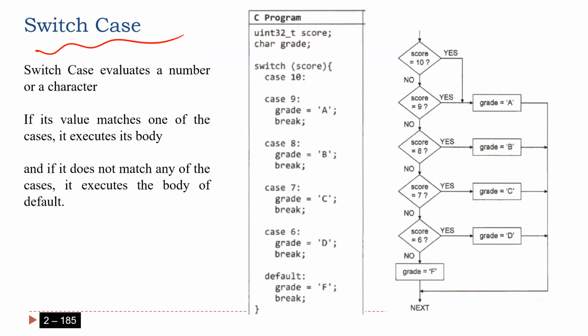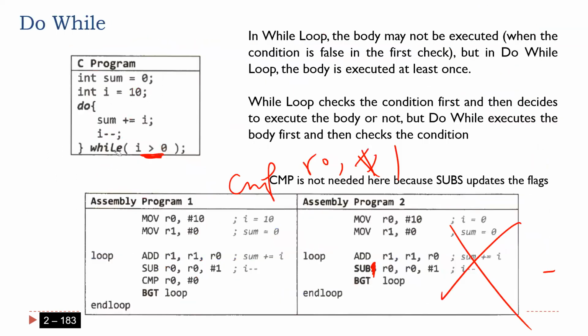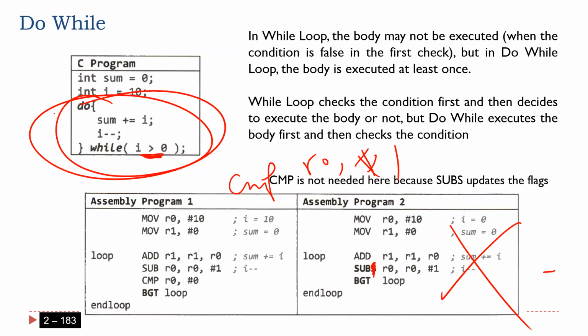So that's exactly, guys, what happens in reality. In the C language, we used to use something like do while. Hardware doesn't understand do while. This is your language. Once you write a do while, the compiler is going to convert this one to this one.